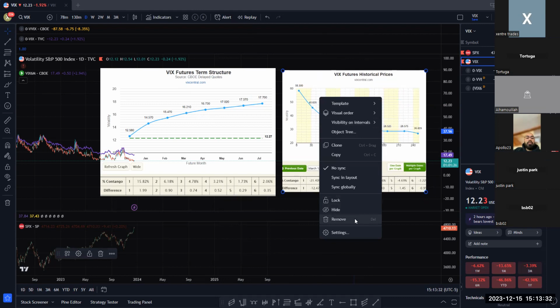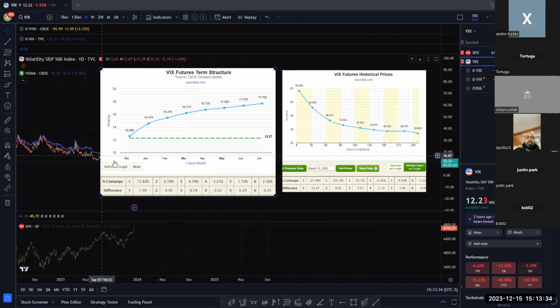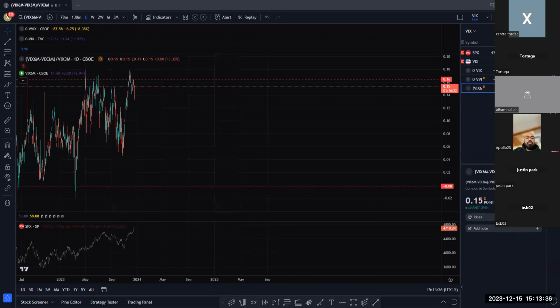Another way to represent it is using calculations. This calculation is the 6 months minus the 3 months, divided by the 3 month period. What this does is calculate the percent.